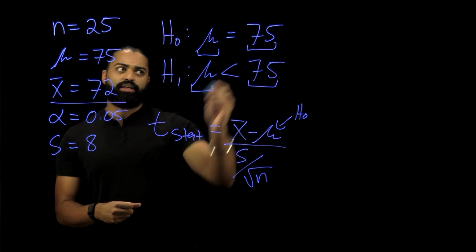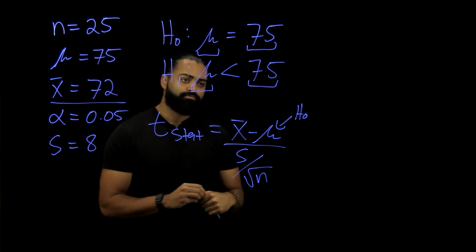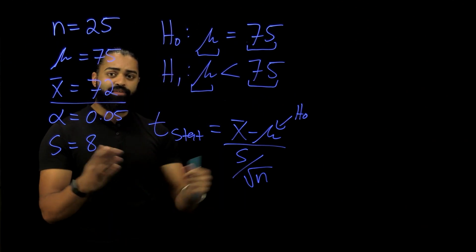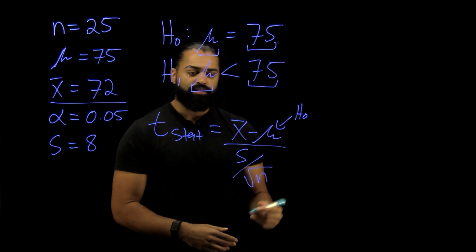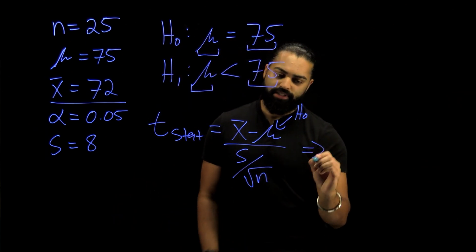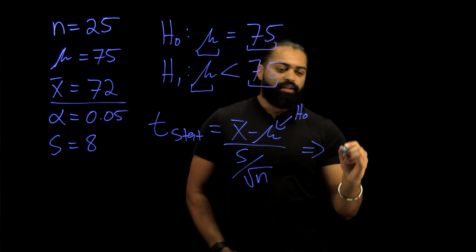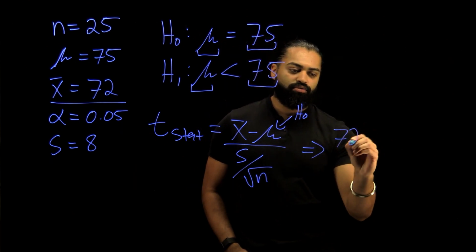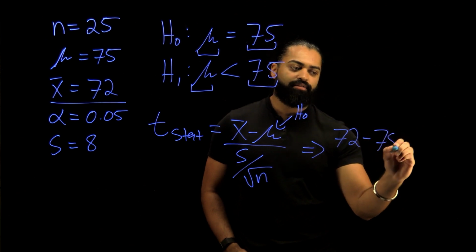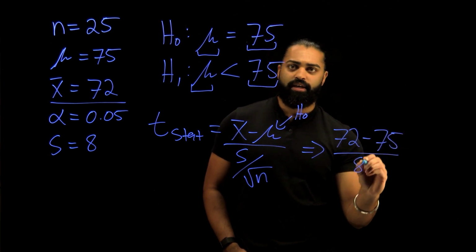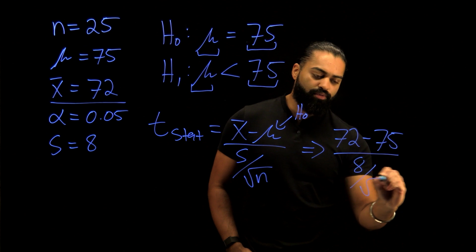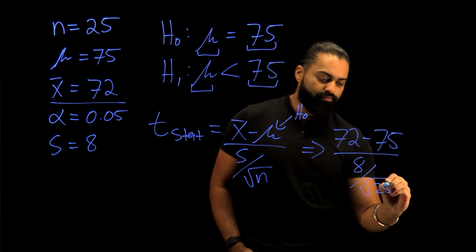That is what is in our null hypothesis. I give you all the other values, you would plug this in, right? So we're just going to do it right here on the side. So our t-stat, we're going to plug in 72 minus 75 divided by 8 over the square root of 25.